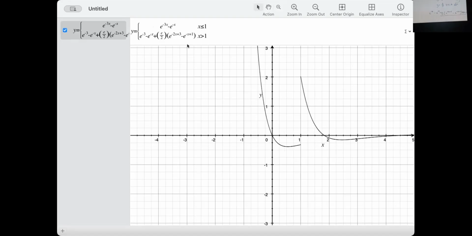See how it jumps in the middle? Now, I'm pretty sure I made a sign error somewhere because it didn't have a jump the same way. Oh, yes, there's my mistake right there. I have e to the minus 3, not e to the minus 3x.